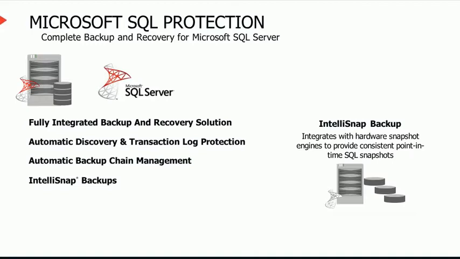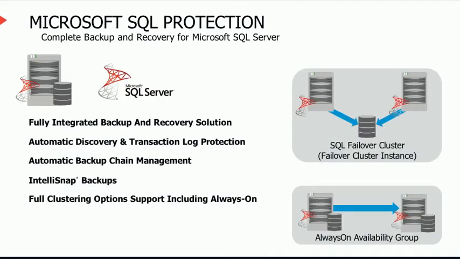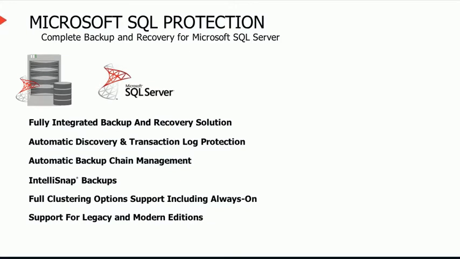Recoveries can be performed in seconds with snapshot revert. CommVault supports full clustering options, including full integration with SQL Always On. Finally, CommVault supports legacy SQL versions from 2005 to the most current offerings, as well as restores from legacy to modern platforms.